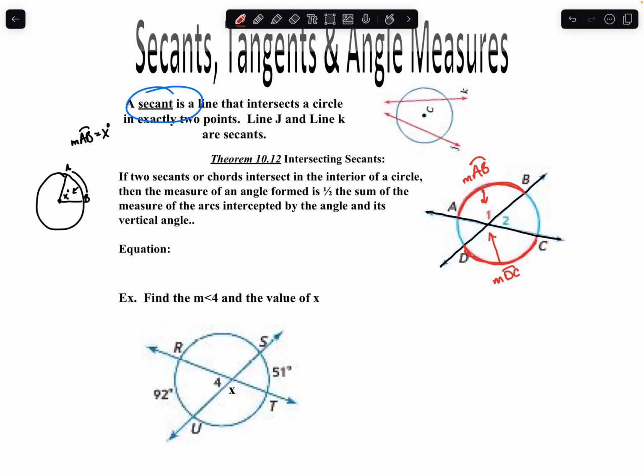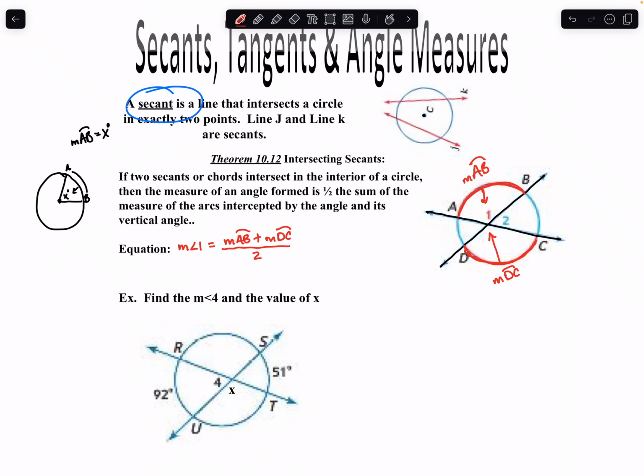So to find the exact value, we're going to take the average of these two. To find the measure of angle 1, we take the measure of arc AB and add it to the measure of arc DC, and when we take the average by dividing by 2, we get the measure on the inside.